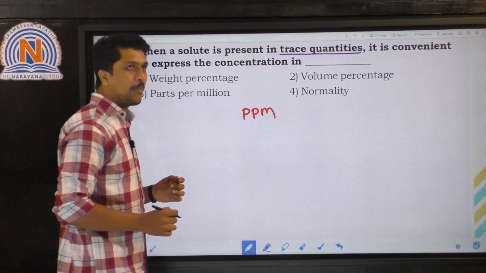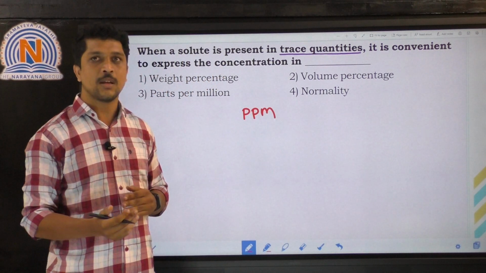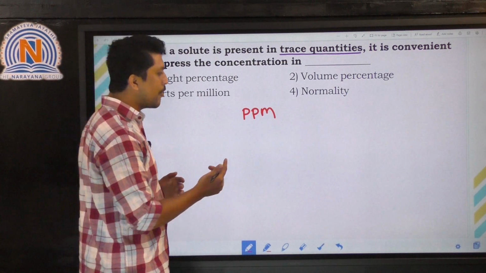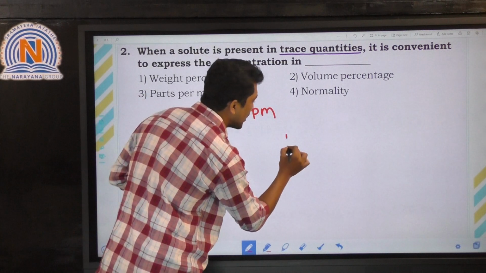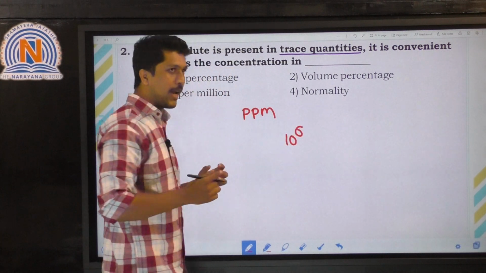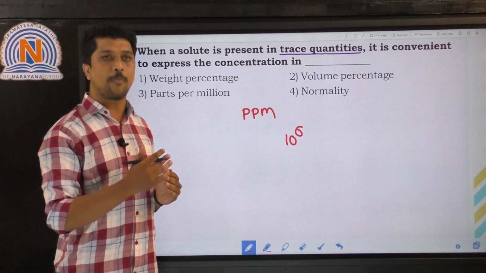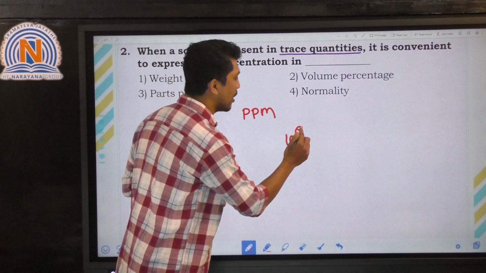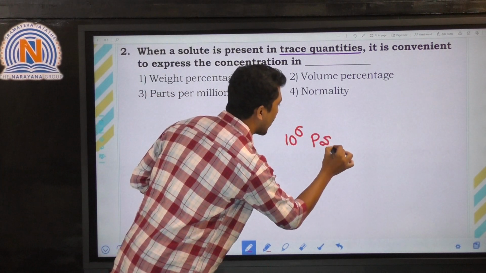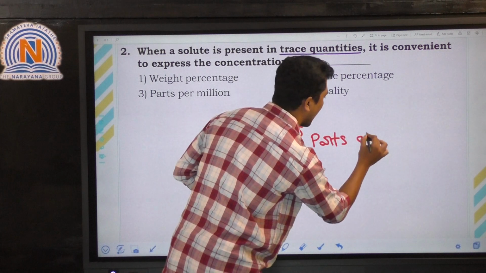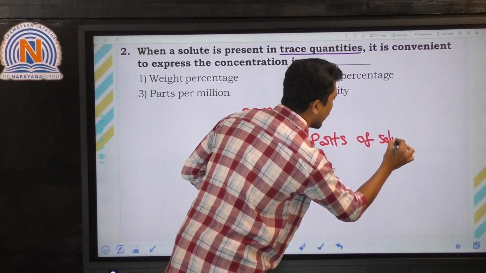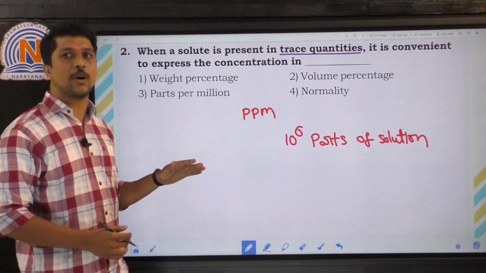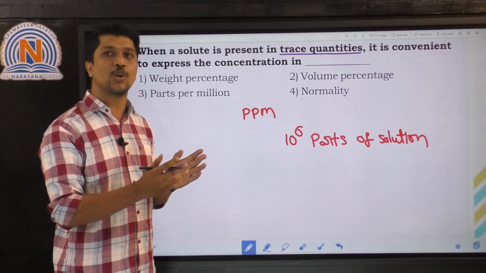ppm. This is parts per million. What is parts per million? The number of parts of solute per million parts of solution. So that means 10 power 6 parts of the solution, and in that, how much amount of solute is present?